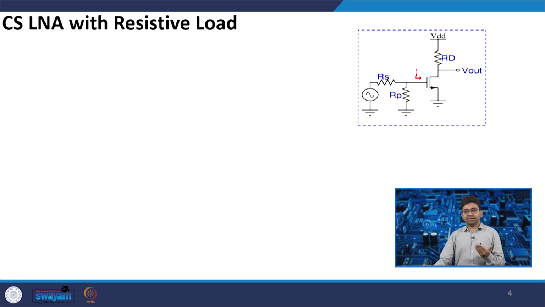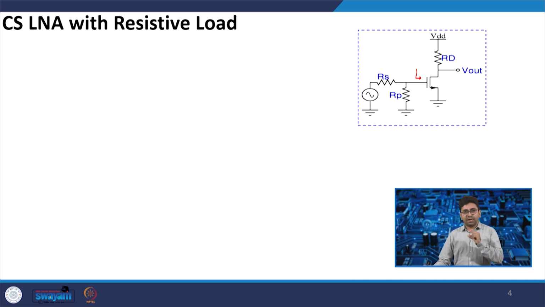We are going to connect our low noise amplifier with the antenna, so we need an input impedance of 50 ohm. If you see the MOSFET only from the gate side, the input impedance is very high and cannot match with the antenna impedance of 50 ohm, and there is so much reflection. We have already seen that if there is no impedance match, reflection will occur.